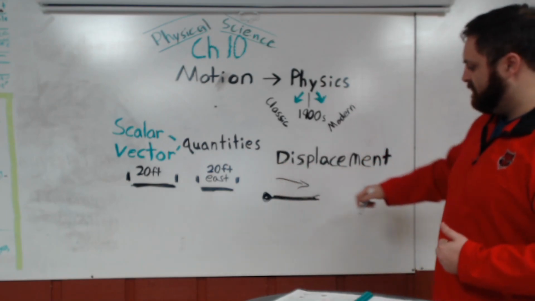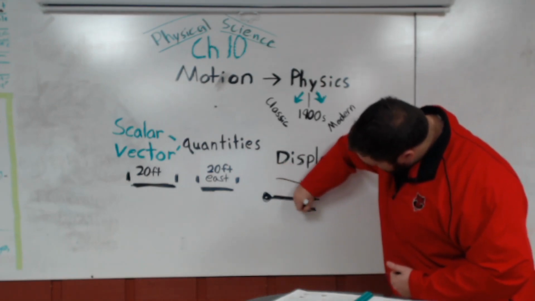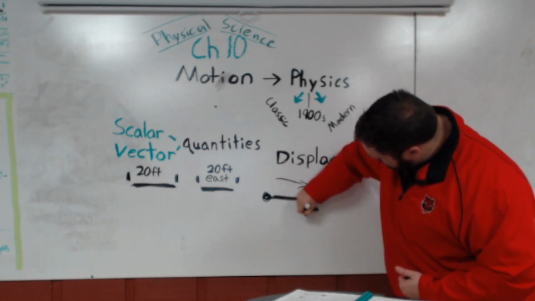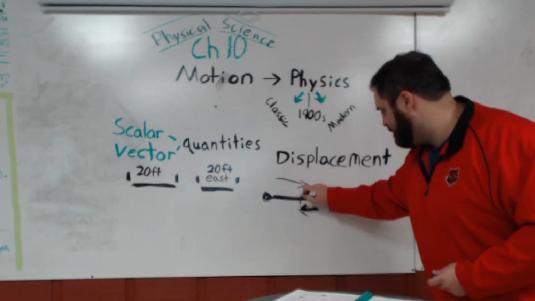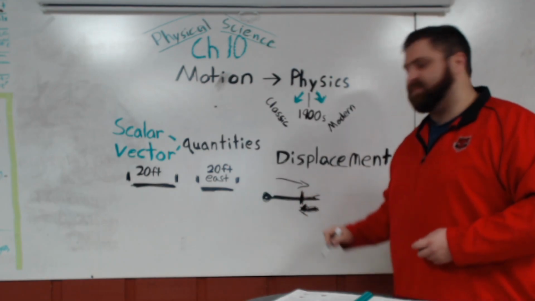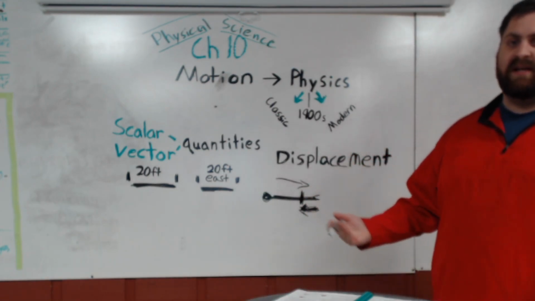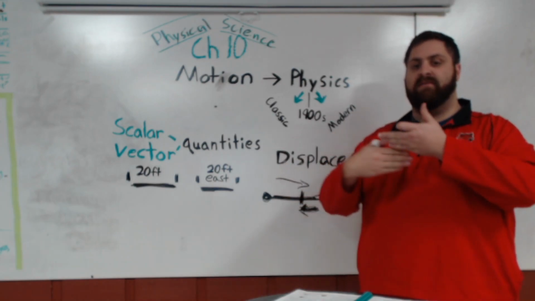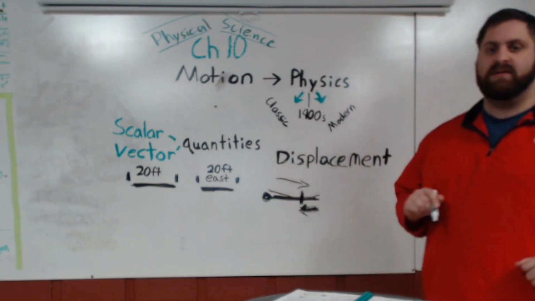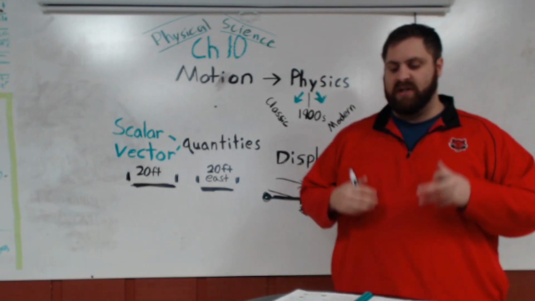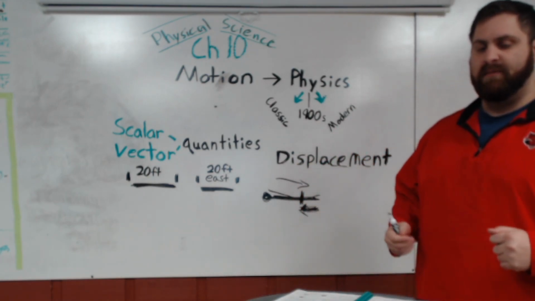However, if you decided to walk back 5 feet towards your start, and then you were now here, your displacement would be 15 feet. You went forward 20, back 5, and now you are 15 feet from your start. So displacement is your change in position.